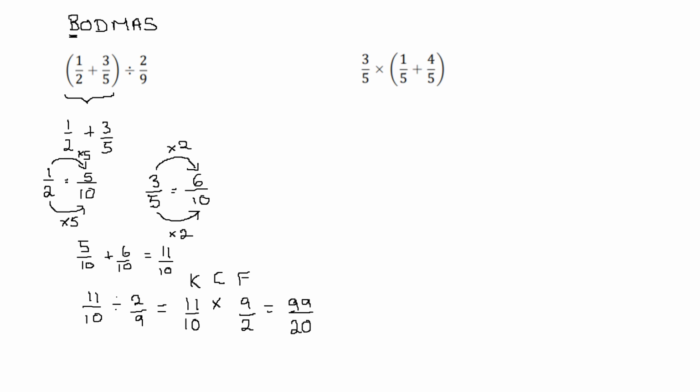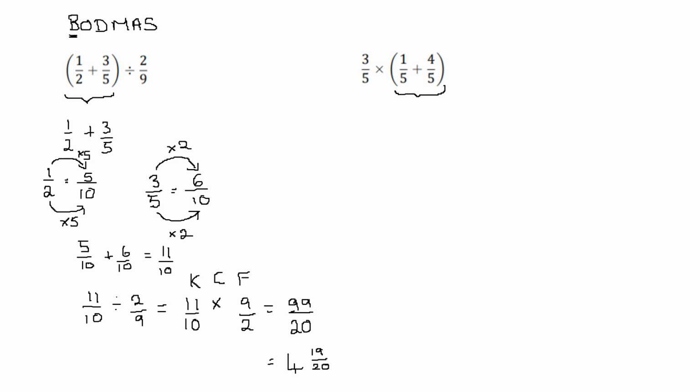Now I can simplify my answer. 99 divided by 20: 20 will go in 4 whole times, and then I'll have a remainder of 19/20. So let's have a look at this second one.